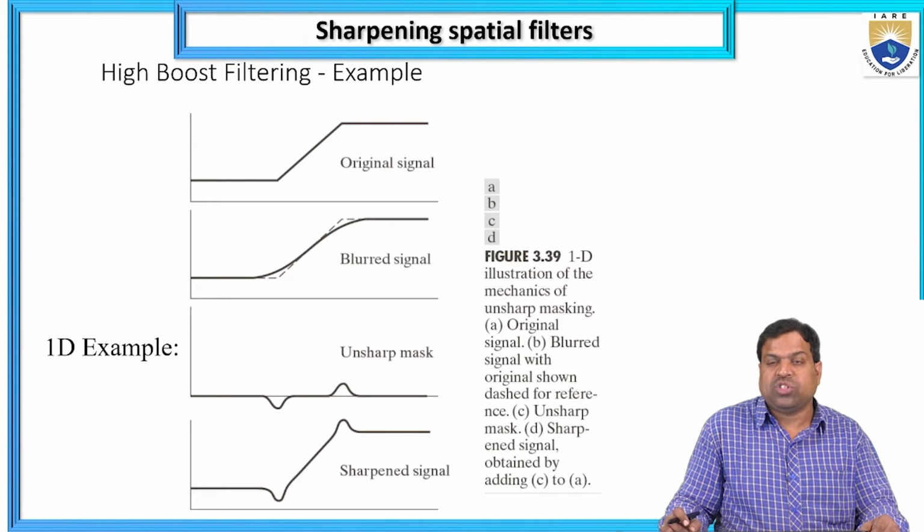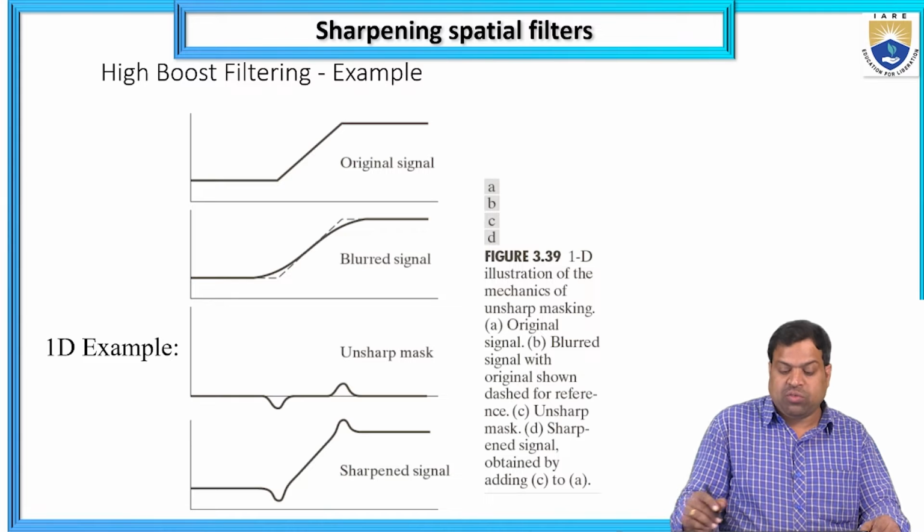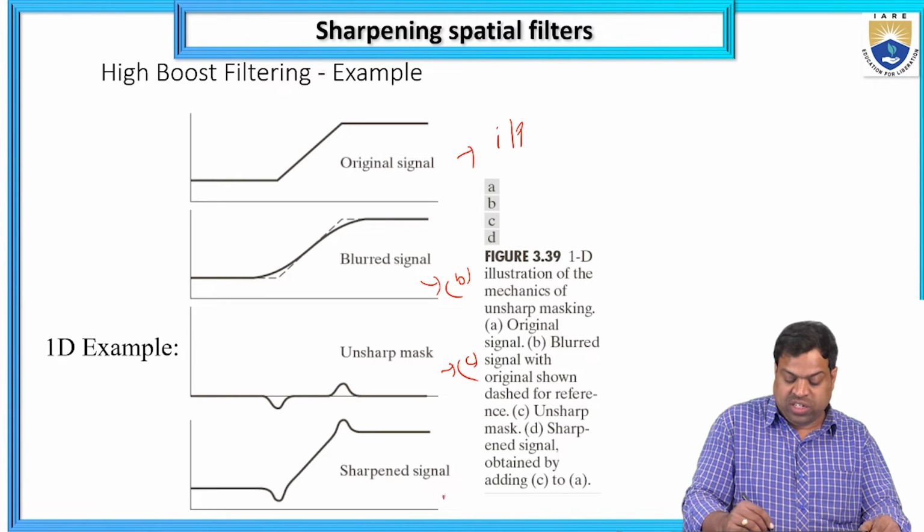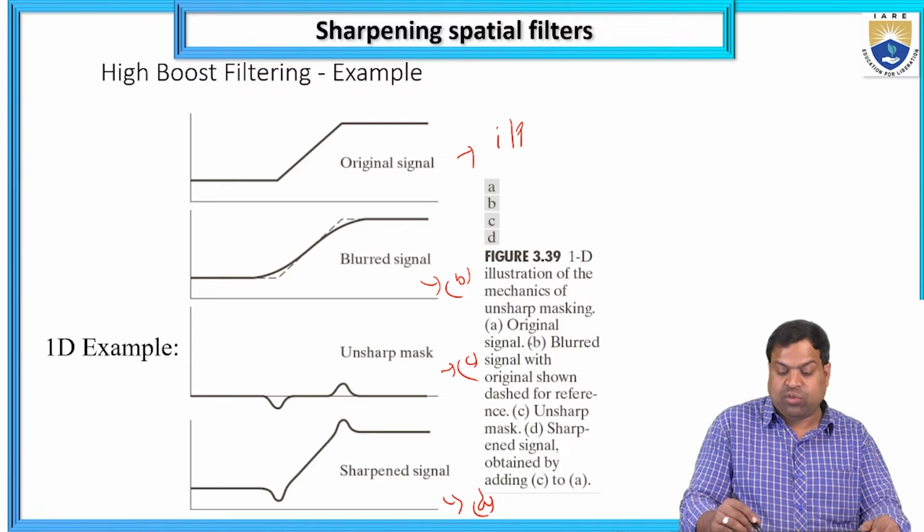Here is a high boost filtering example. I'm taking one original signal, which is the input function. Then there is a blurred signal, figure B, then the unsharp mask, and then the sharpened signal.